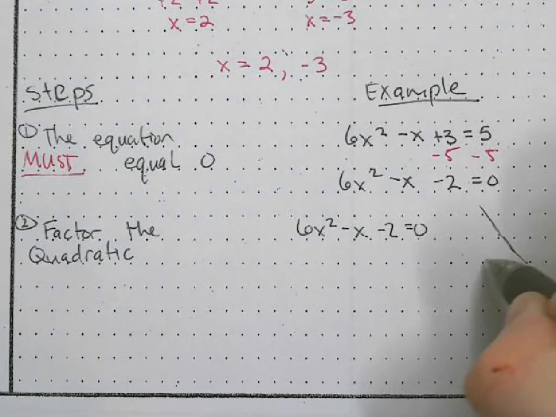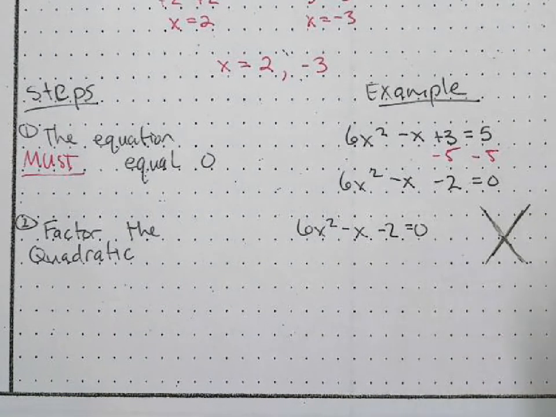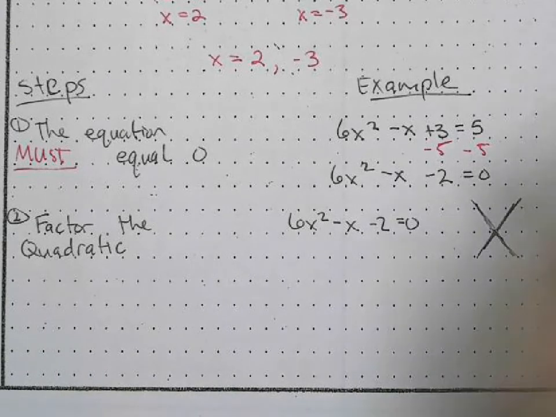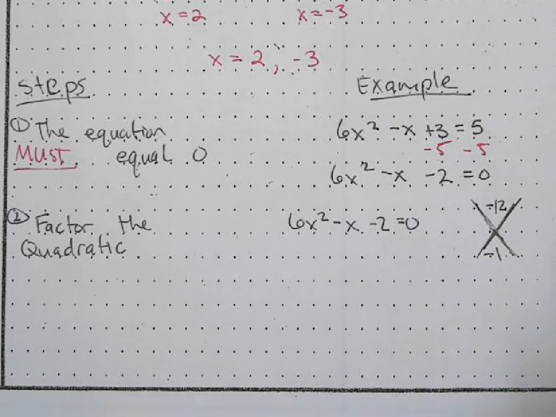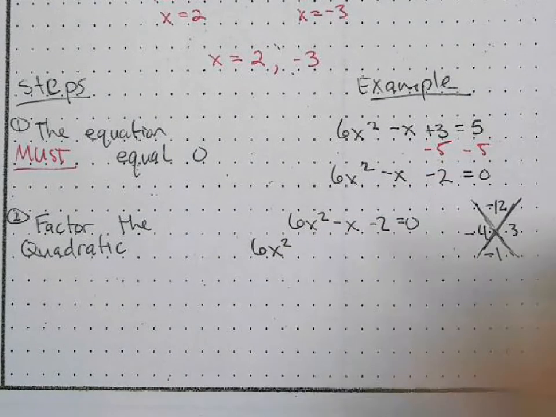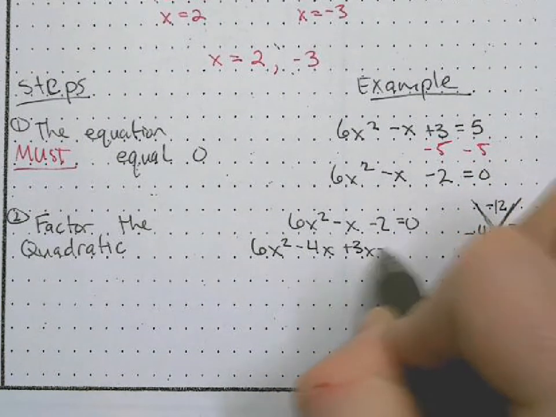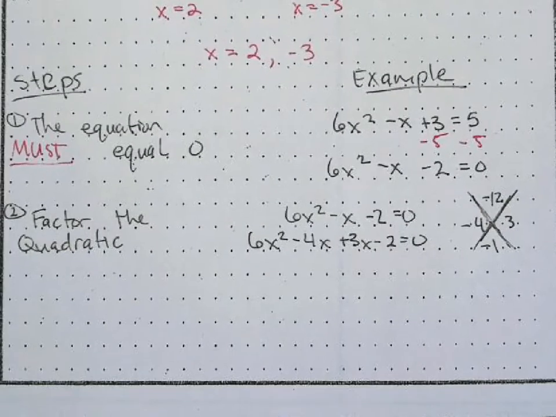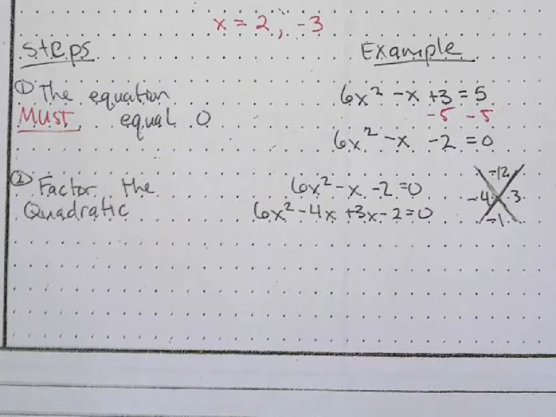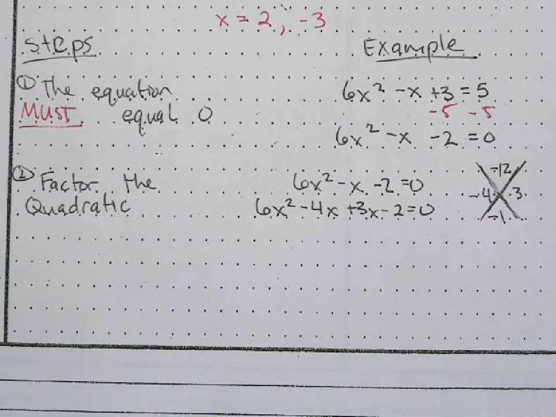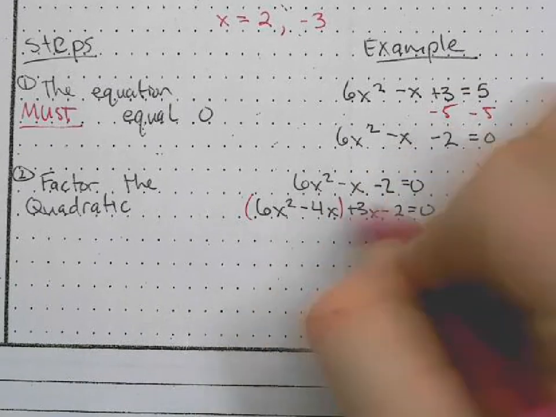We're going to factor it, so we'll use our AC method to do this. Put negative 12 up top, negative 1 down below, negative 4 and 3. So I'm just going through my factoring process. Like so. Then we'll do our grouping.